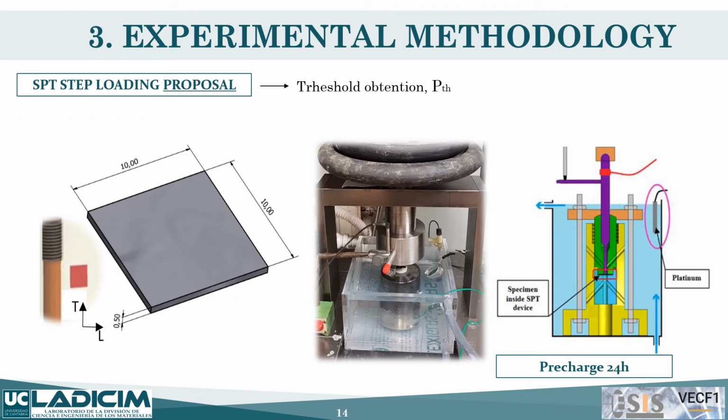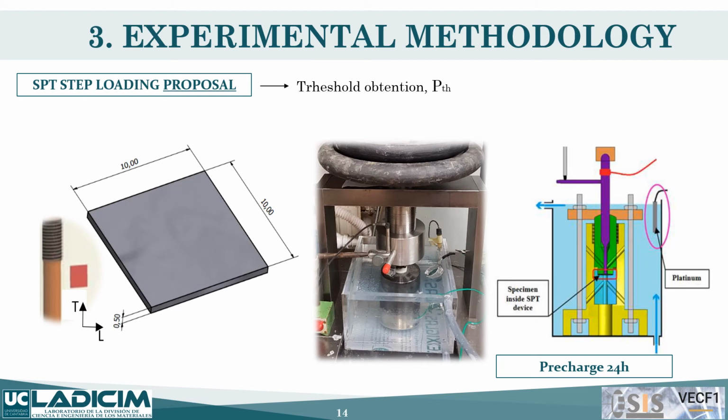Prior to explaining our proposal, we will explain how the small punch test under constant load is performed. The samples used were in accordance with the standard draft and had 0.5 millimeters of thickness and a square section of 10 by 10 millimeters.